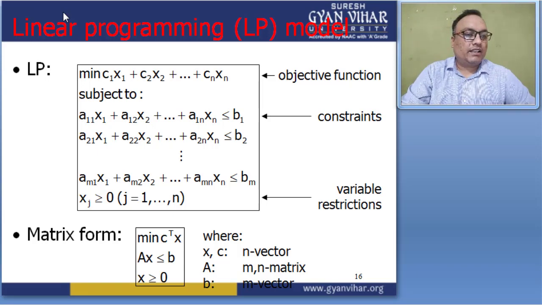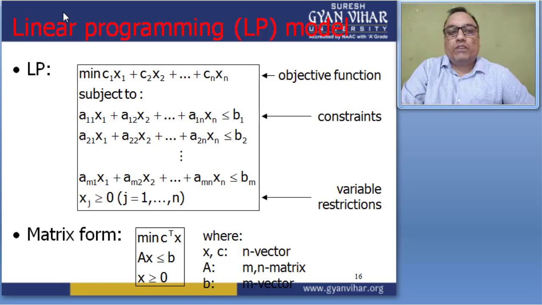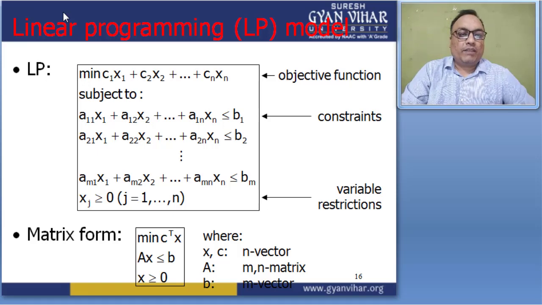Also xj greater than or equal to 0, where j goes from 1, 2, 3 up to n, and this is the variable restriction.